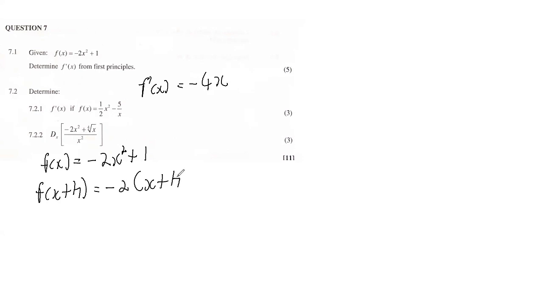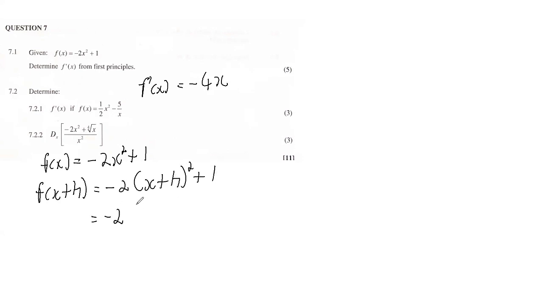Okay, so now let's get to the real deal. Number one, you have to write the expression for f of x. Then just below, write the expression for f of x plus h, which means wherever you see x, you replace it by x plus h, then plus 1.